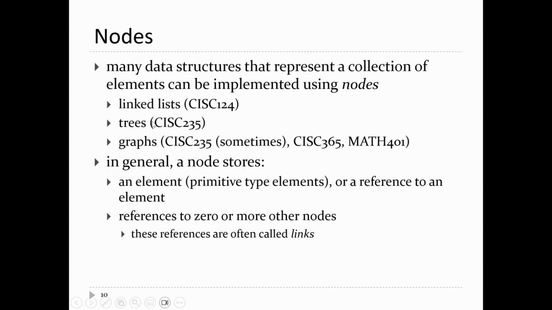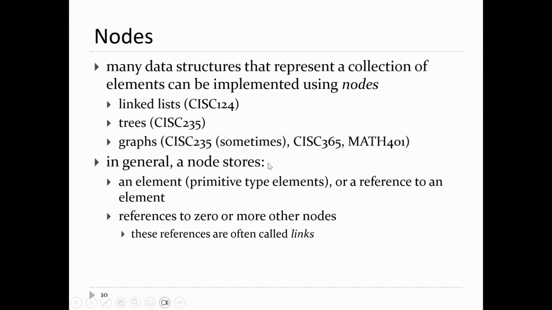And so trees are an example of a data structure that's typically implemented using nodes. Linked lists, which we'll look at later in the course, probably in a lecture or two, are another example of a data structure that's implemented with nodes. Graphs, you also should have seen in 204. There's actually an entire course, Math 401, on graph theory.